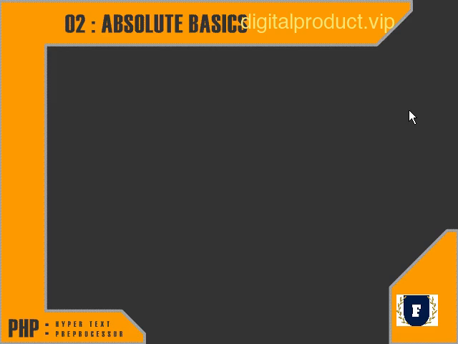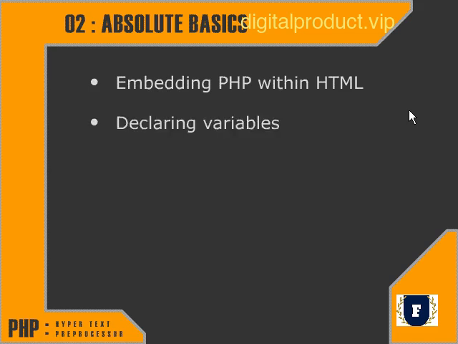In this chapter we're going to look at the very basics of PHP. We're going to take you through your first steps in writing a PHP script. First of all, we're going to look at the way PHP scripts are embedded within HTML so that they can be served from the server and passed to the user's browser.